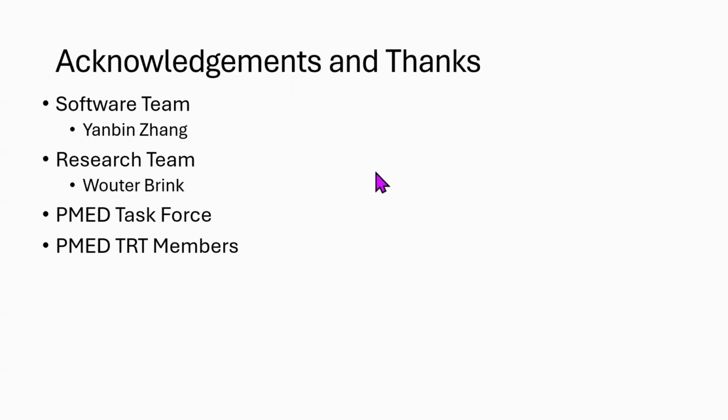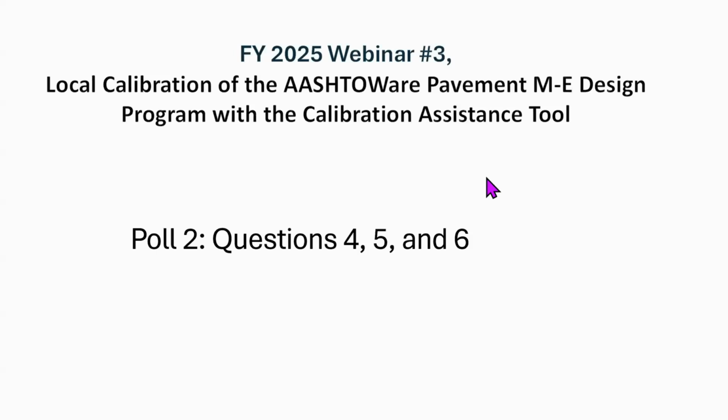One open question, though, I think someone might have just answered it. Somebody asked, do we need a separate license for the Calibration Assistance Tool, or is it already included in the Pavement ME license? And that was answered: yes, it is included in the Pavement ME license.